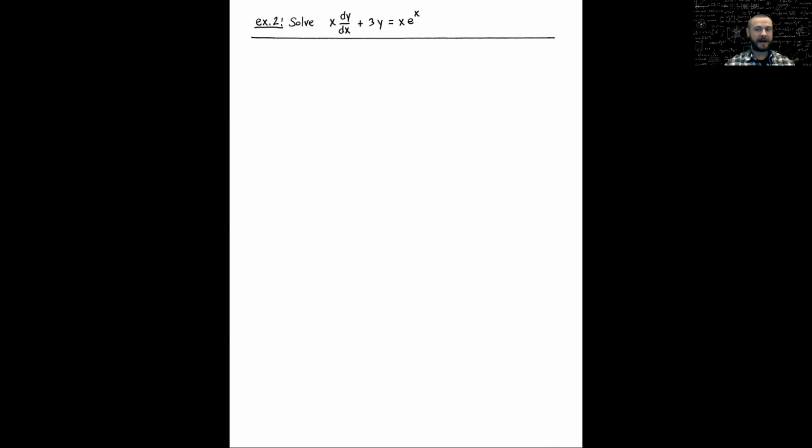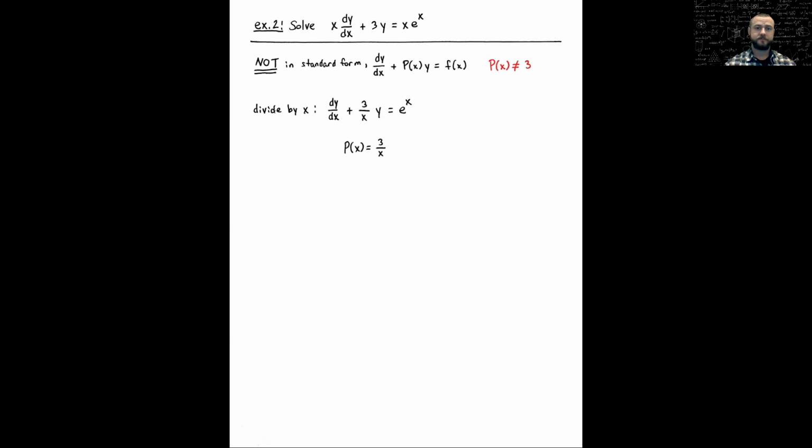Welcome back. I hope you didn't fall into my trap, and there is one here. Let's just see where we can start off. So first thing, this equation is not in standard form. What's multiplying your derivative here? Not 1, but x. You might have incorrectly identified p of x as 3.